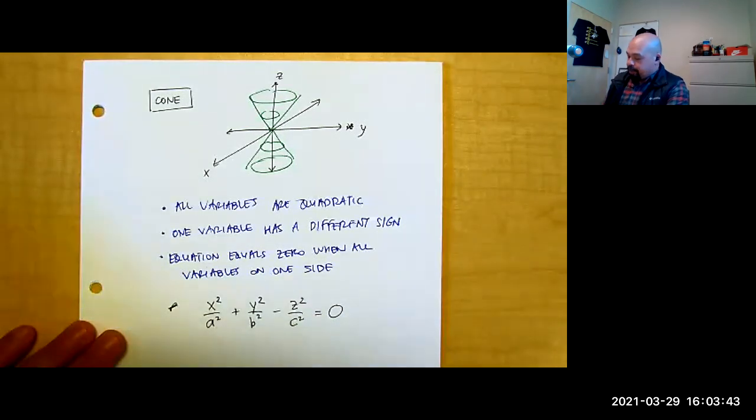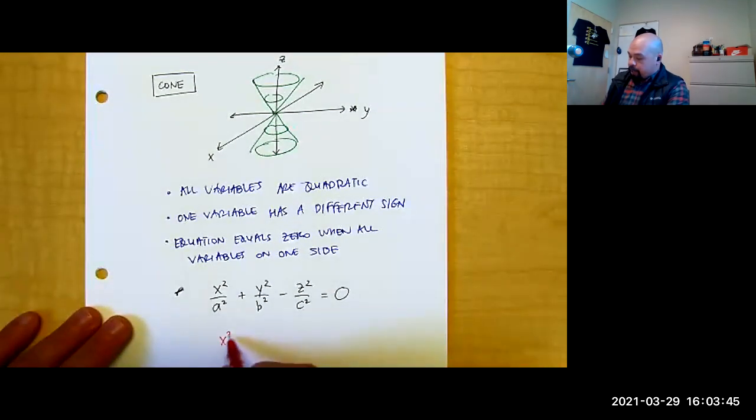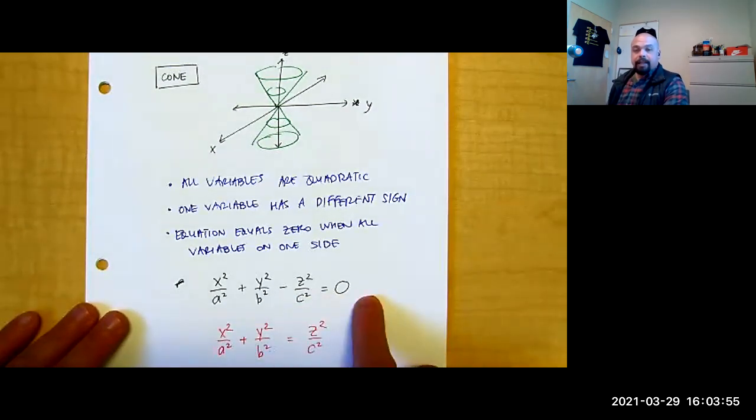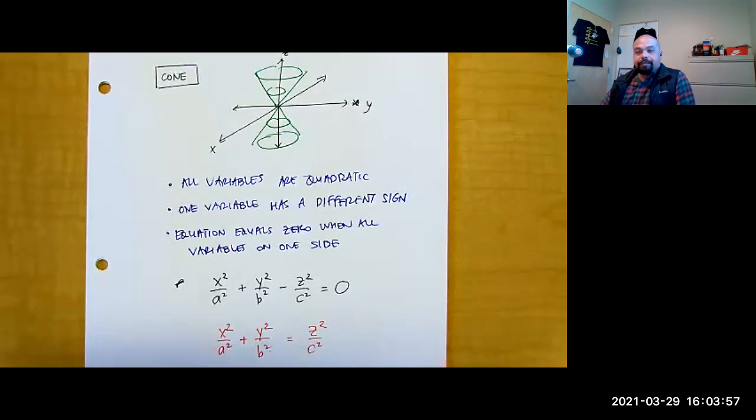And of course we can rearrange that to make it x squared over a squared plus y squared over b squared is equal to z squared over c squared. Imagine adding that term to the other side.